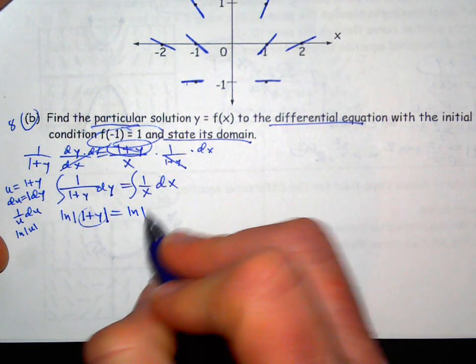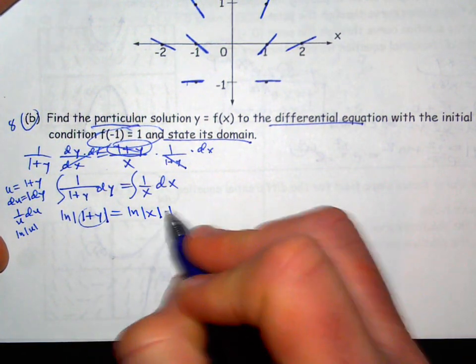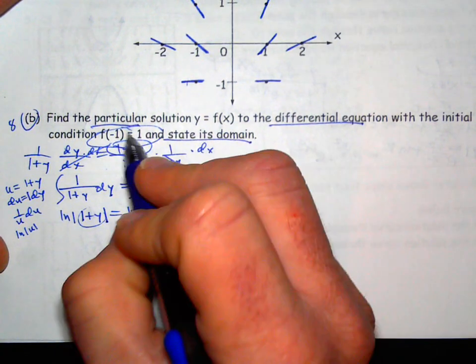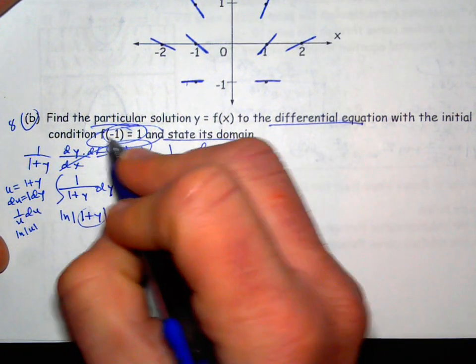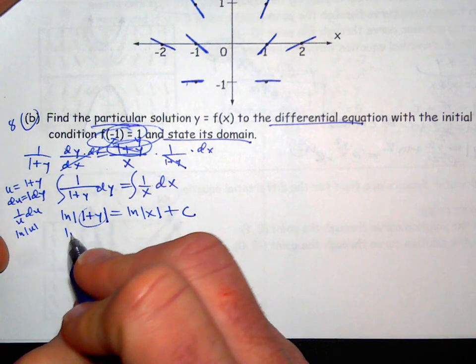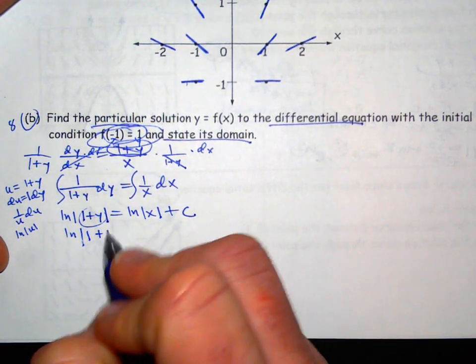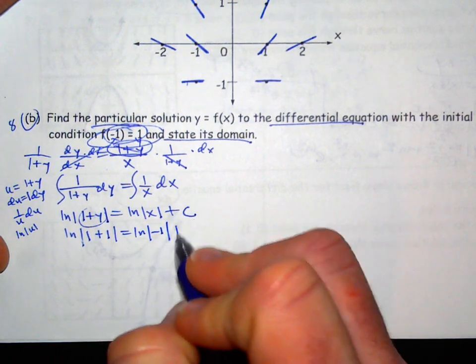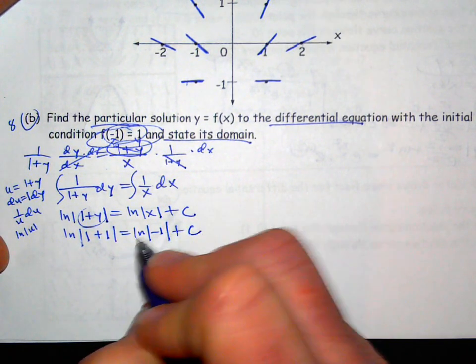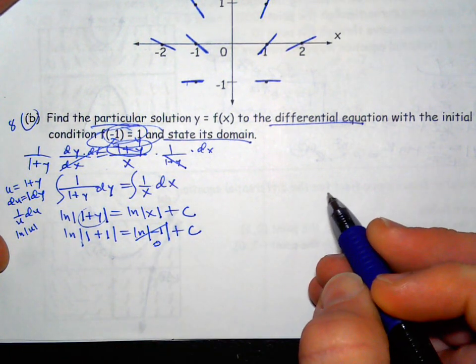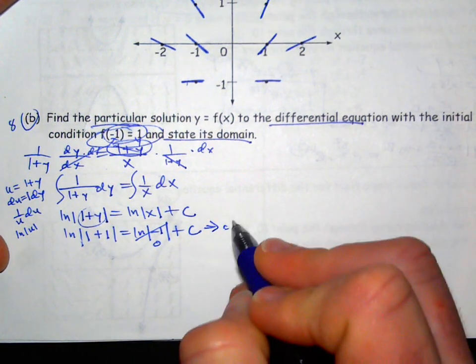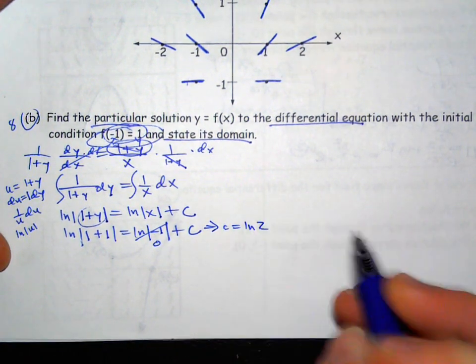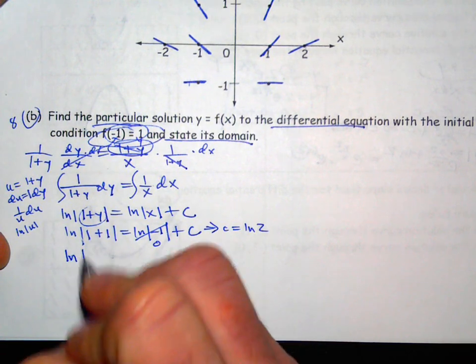Natural log of the absolute value of x here, plus c. Don't forget the plus c. Now I'm going to find the c value right now. They give us this x and y value, so let's plug those in. +1 for the y, -1 for the x, plus c. Now natural log of +1 is 0. So c equals natural log of 2. So I'm going to rewrite that.